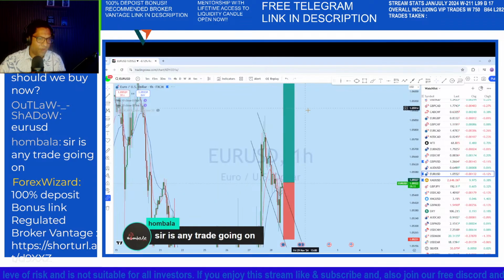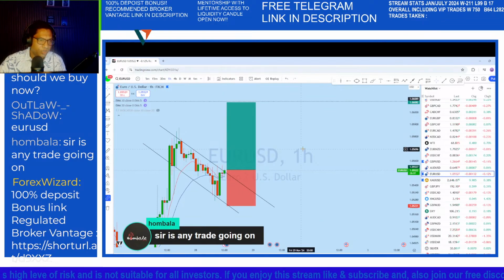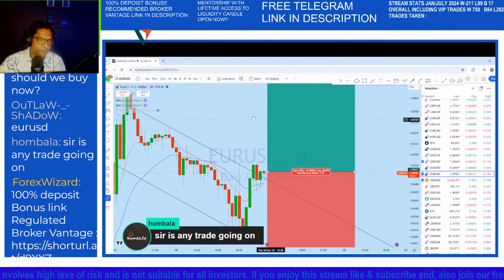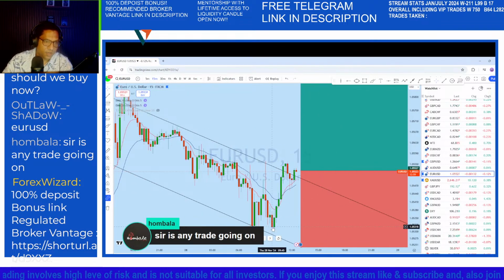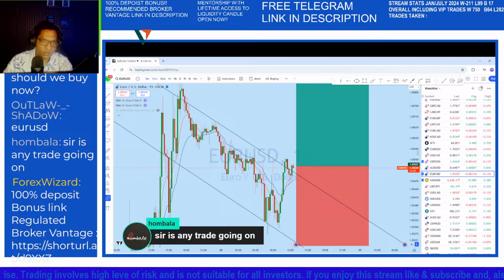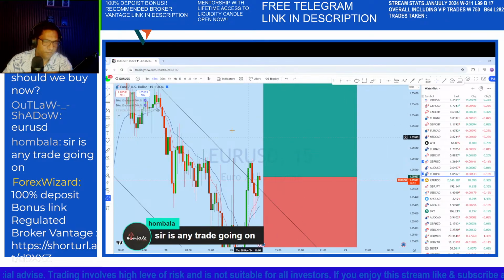Based on the bull flag formation on Euro dollar, we are running that. With that bull flag, if you look here, we can see that this is a bounce pullback, and the market is currently potentially trending in that direction.